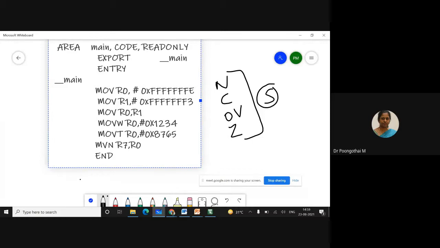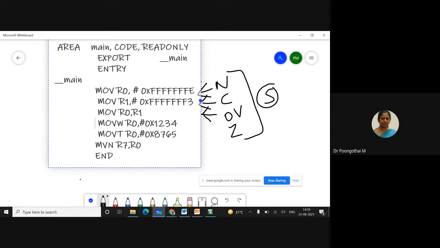First, I am going to move this 32-bit value, the first line of the code, into R0. Next, I am going to move this value into R1. After that, I am copying the content of R1 to R0.